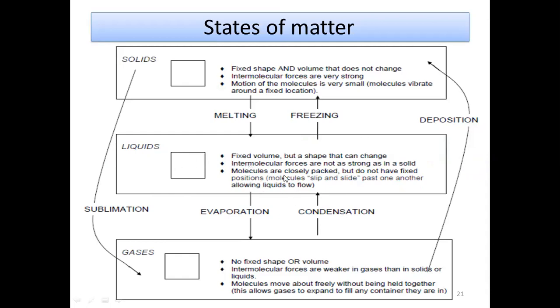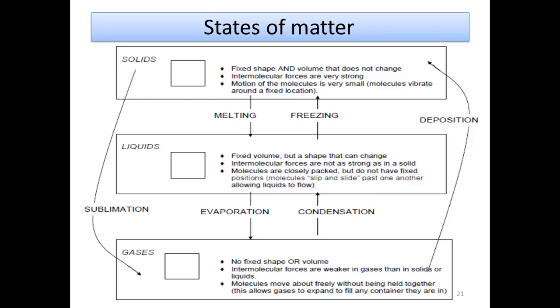The fourth one: in solids we discussed a very small vibration because the molecules are packed together, but in liquids the molecules are closely packed but do not have a fixed position. The molecules slip and slide past one another, allowing liquids to flow. A common example: if you pour water, it is going to slide and slip.